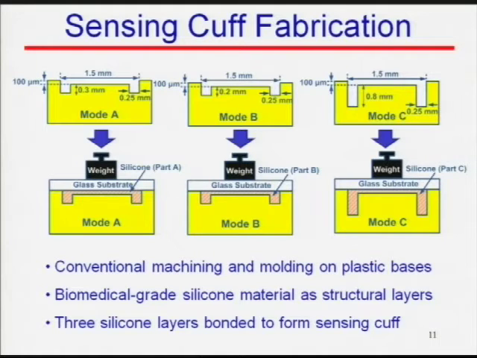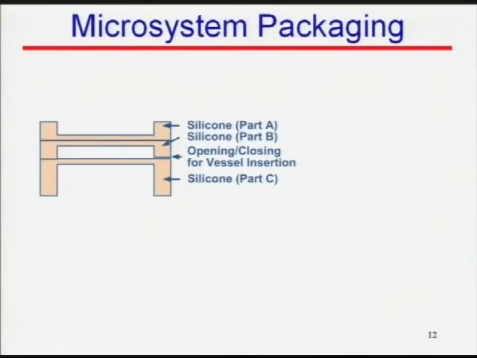So you get these 3 pieces from this traditional machining process, you peel the 3 pieces out of the mold, and you can glue them together using adhesive material to form the cuff. So I got a part C here, and the part B and the part A. I glue them, and this is the opening where I can open this to slide the vessel in there.